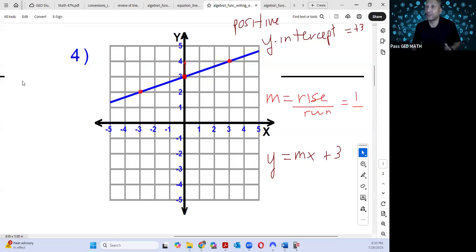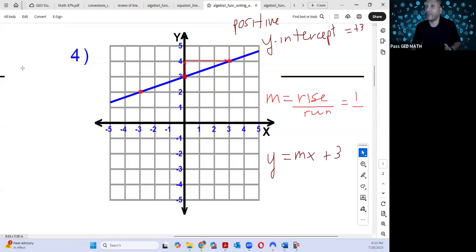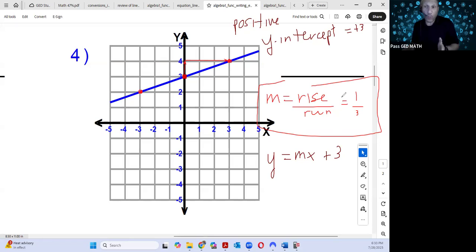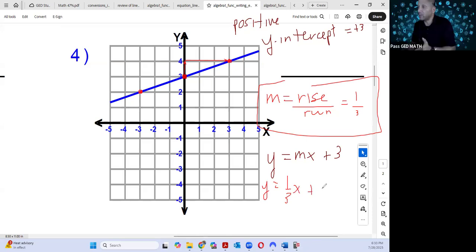How many? 1, 2, 3. Three. So my slope of this line is 1 over 3. So if I know my slope is 1/3 and my y-intercept is 3, what's my equation of the line? y equals 1/3 x plus 3. There you go.